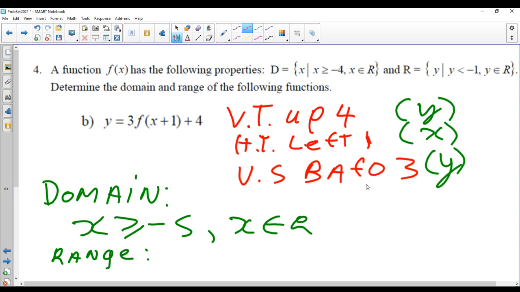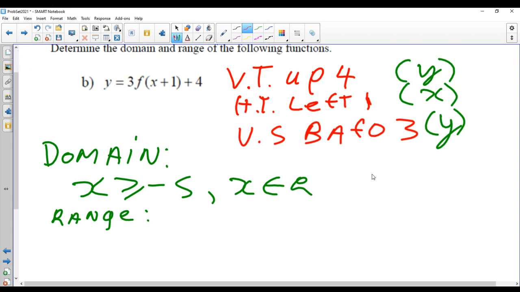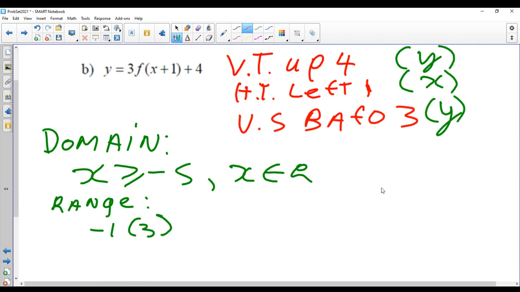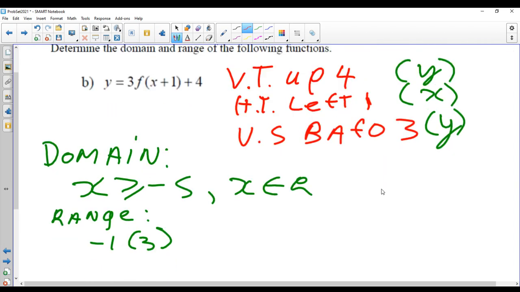No, no, no, no. Let's do it in stages. So it used to be minus 1. We're going to multiply that by 3, we said, right? And then we're going to, not negative 3. We said by a factor of 3, so it's just positive 3. Oh, and then we're going to go up 4, right?